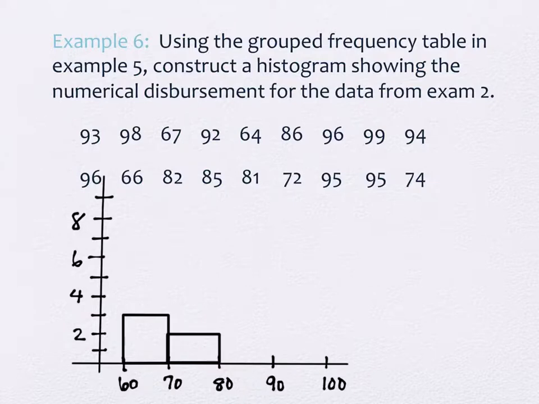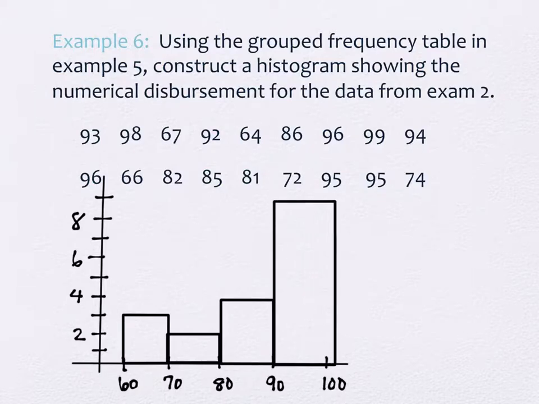How many were in the 80s? 4. And I'll draw in my rectangle of height 4. And then how many are in the 90s? 9. And I'll draw my rectangle of height 9. So the widths of all my rectangles should look reasonably the same. I don't want you getting super precise, but it should be realistically the same.